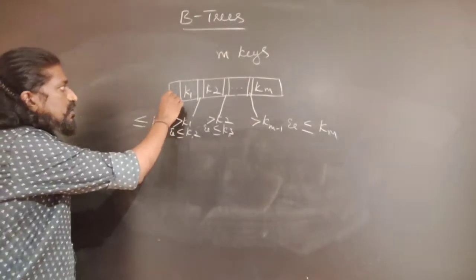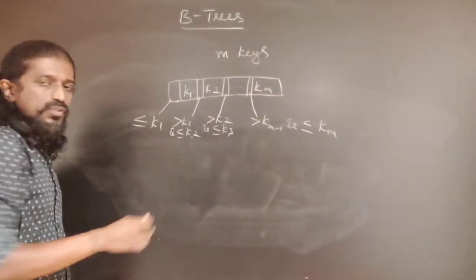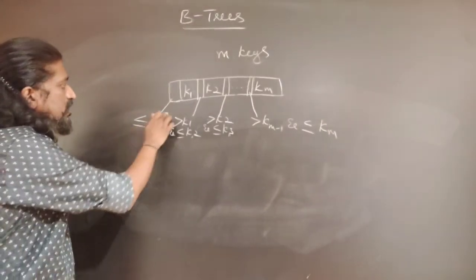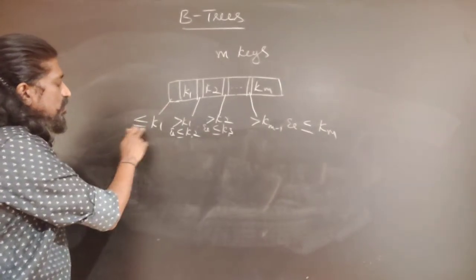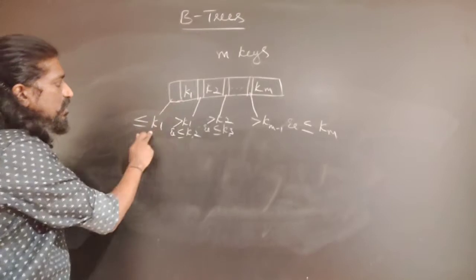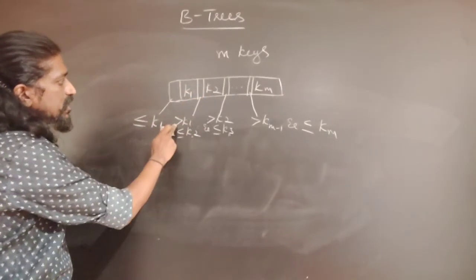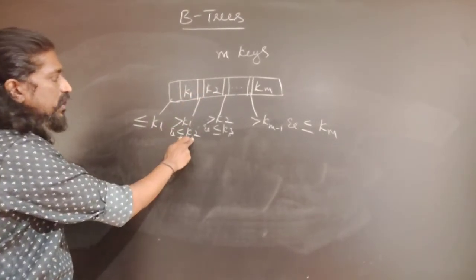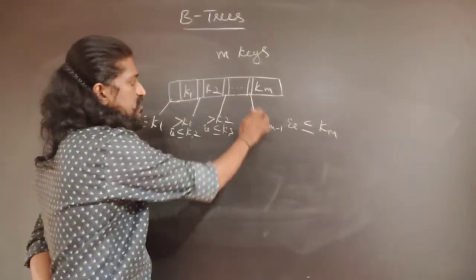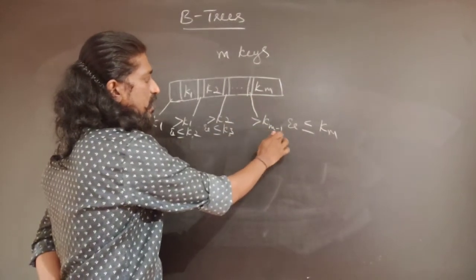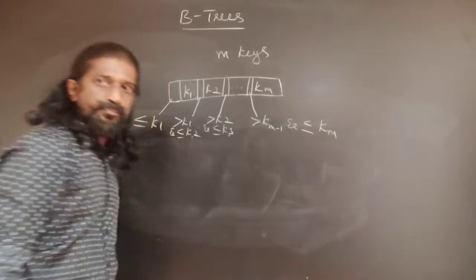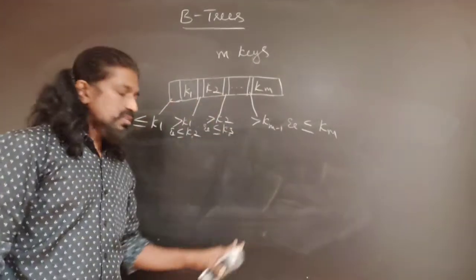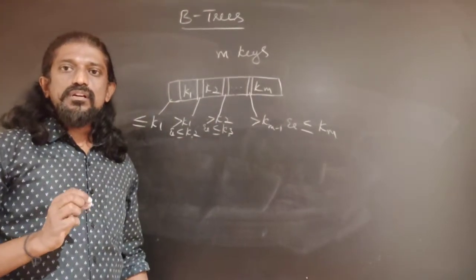These references are to the lower level index blocks, wherein the leftmost index block will consist of keys less than or equal to k1. In between k1 and k2 will be keys greater than k1 and less than or equal to k2, and so on. The last descendant will have keys greater than km minus 1 and less than or equal to km. This is not the only way to construct a B tree.